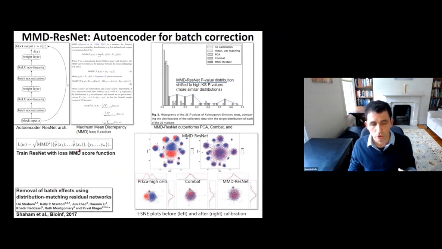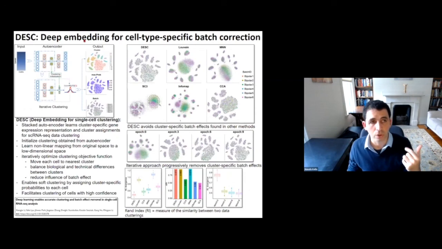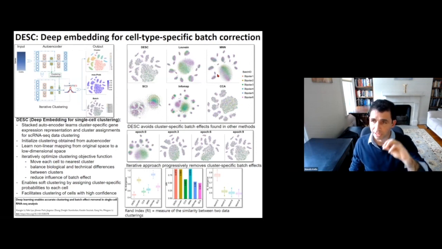For example, you can say, can I predict the input data set from a lower dimensionality representation? Can I create those deep embeddings that can be used to predict my input data set, and therefore learn a representation that's relevant?